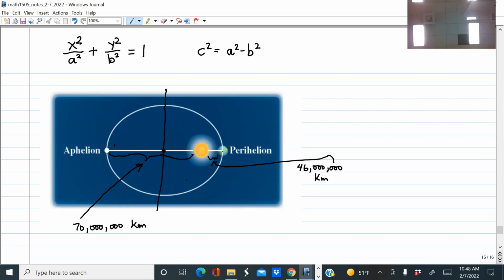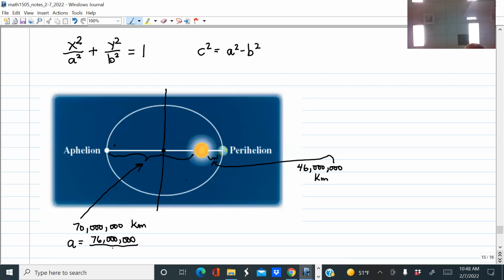So I can find the length from the center out to where the planet is located at this x-intercept just by finding half of this total distance. So let's just do that. I think that's going to be the A value, isn't it?